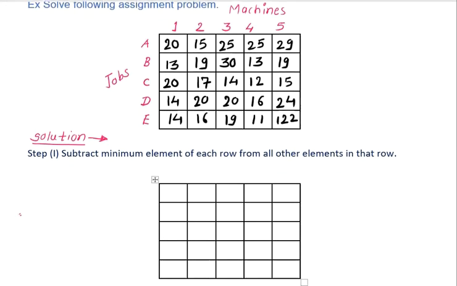So first step, subtract the minimum element of each row from all other elements in that row.